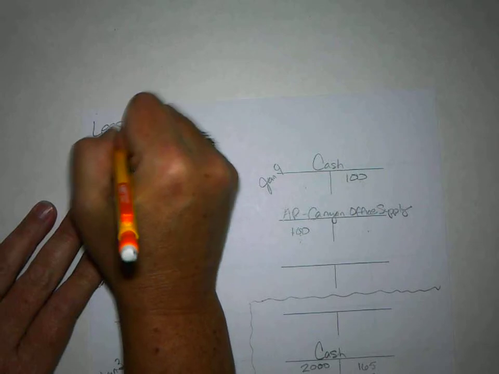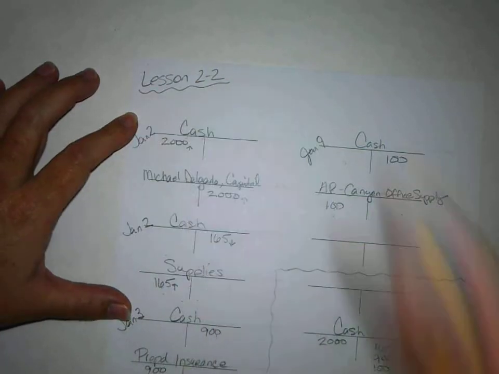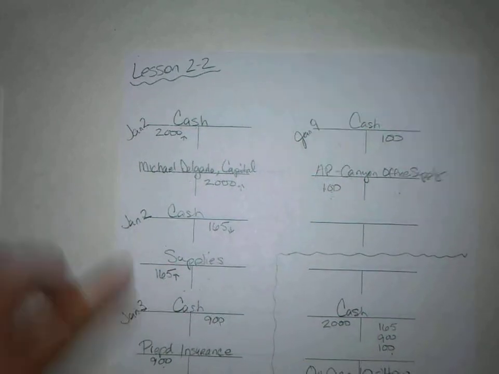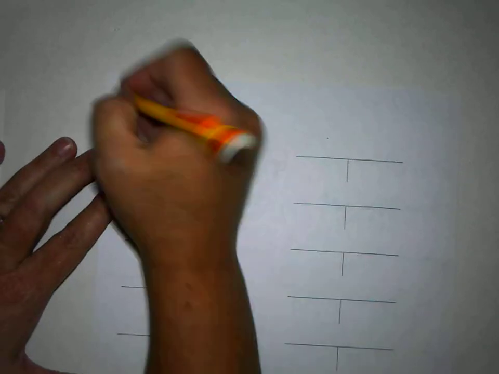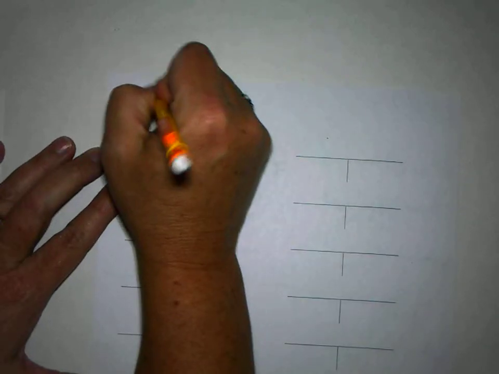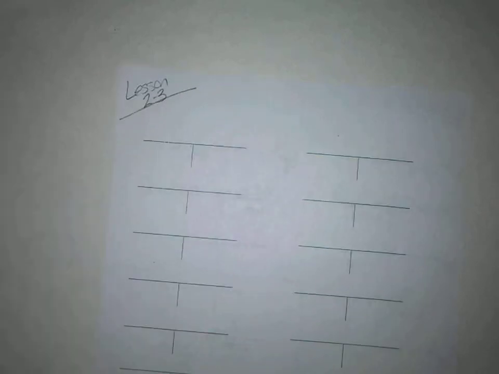So we may put this up here, lesson 2.2. And then you should be able to flip it over, and we've got blank T's on the back. So this can be lesson 2.3.